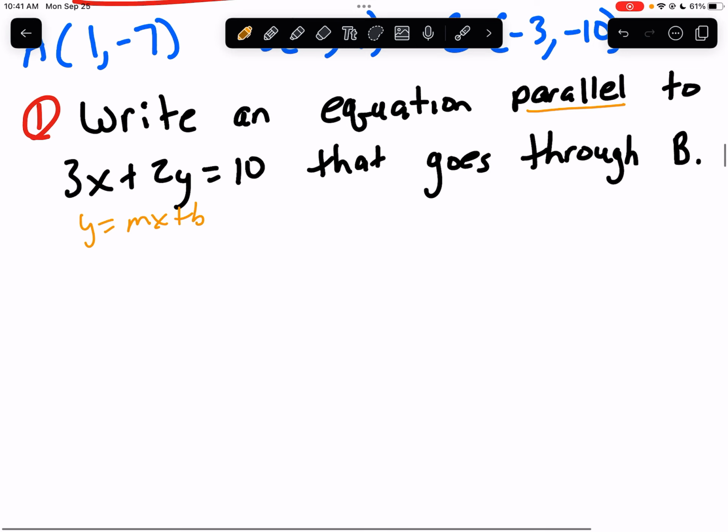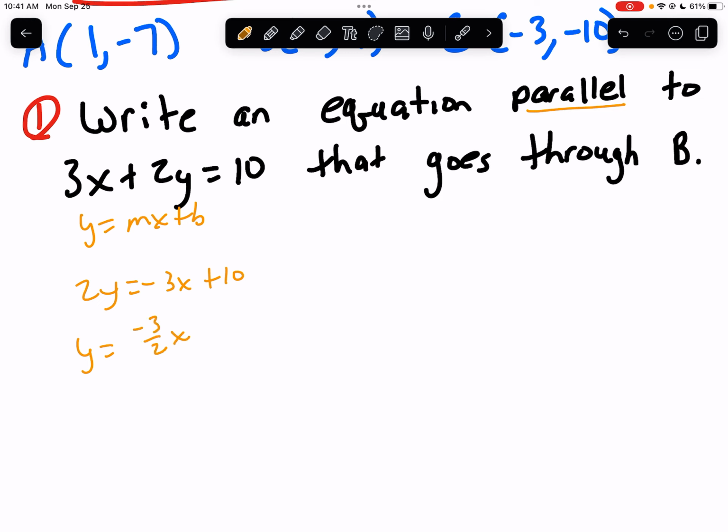First I would subtract 3x, and I would have 2y equals negative 3x plus 10, and then divide everything by 2, and I would have y equals negative 3 halves x plus 5. So I put it in y equals mx plus b. That means that m equals negative 3 halves, and that's the slope I'm going to work with.